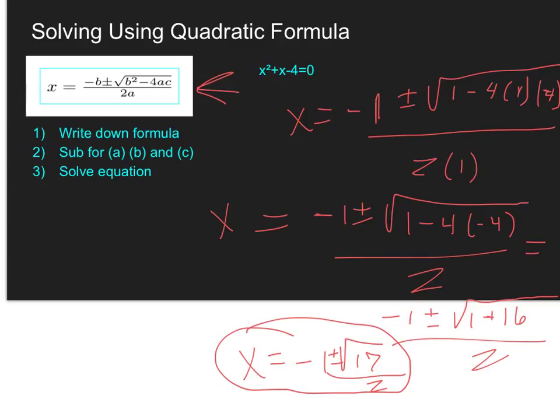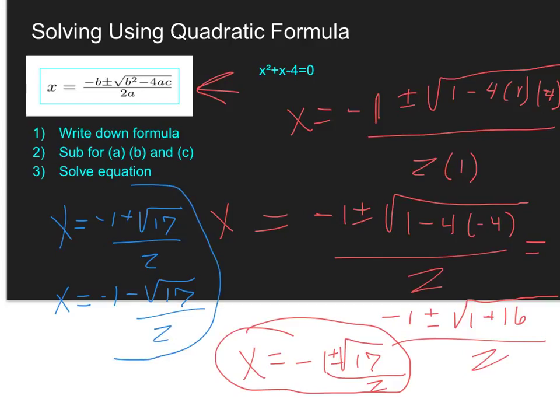So your answers are x equals -1 plus square root of 17 over 2, and x equals -1 minus square root of 17 over 2. There you go. There's your two answers.